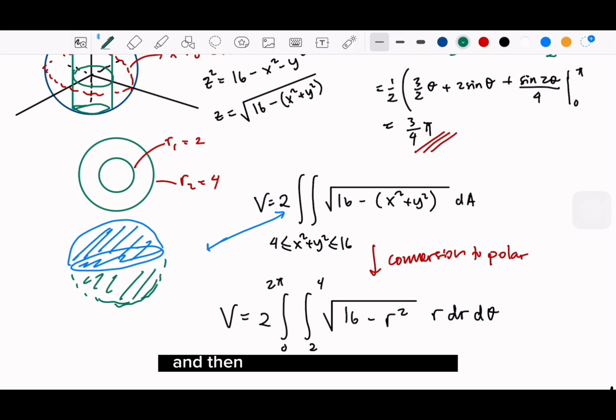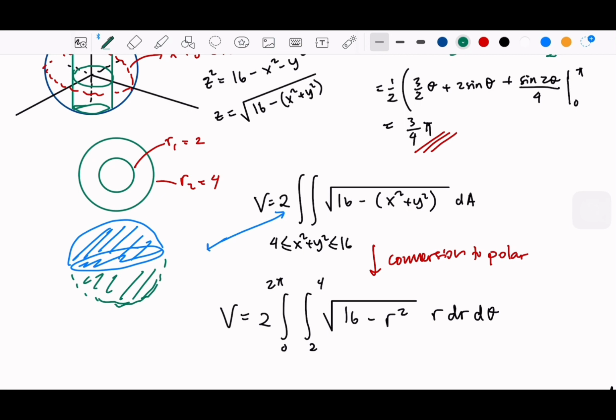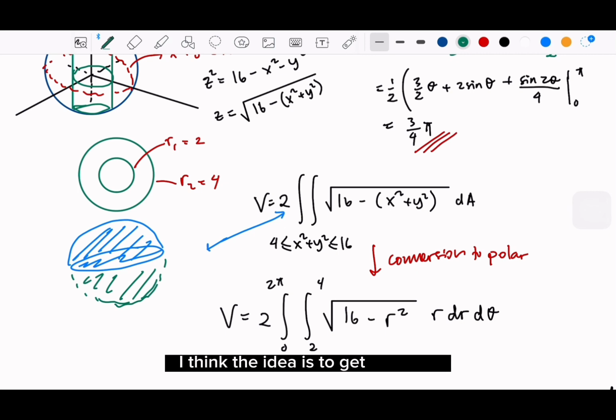And then I think you can solve this. Take the substitution for r squared, you can cancel r, and then the rest you can try to integrate. But I think the idea is to get this idea and then multiply by 2, that is the main goal.